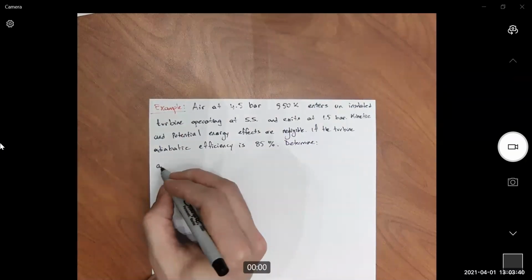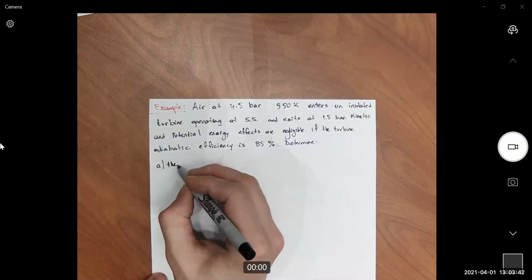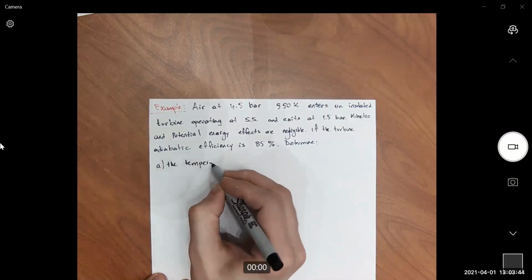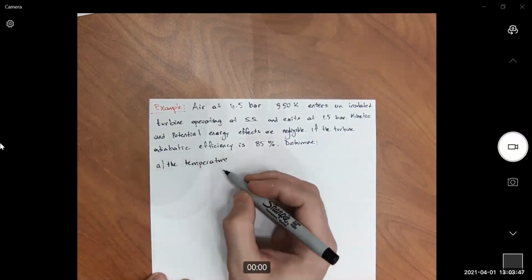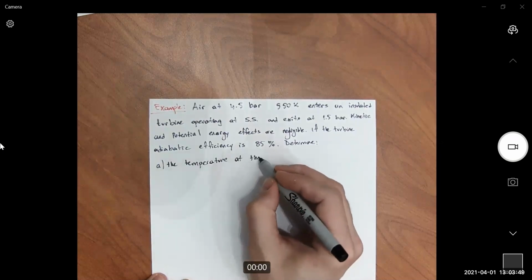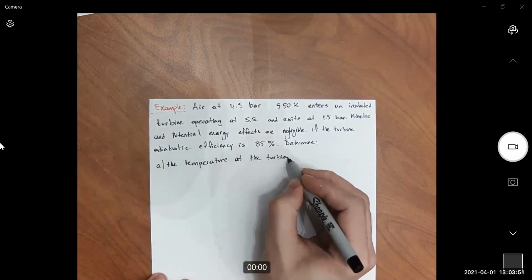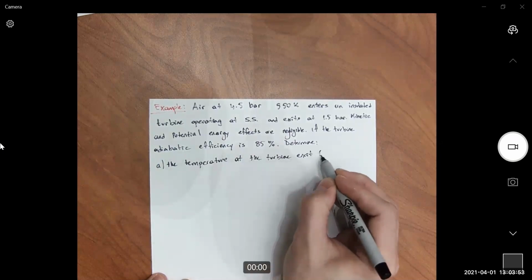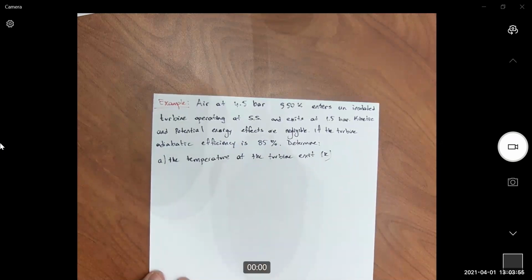A, the temperature at the turbine exit in Kelvin.